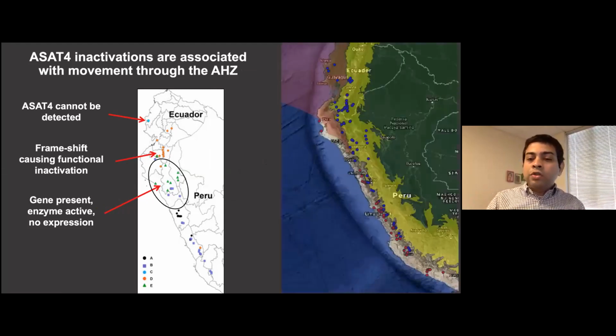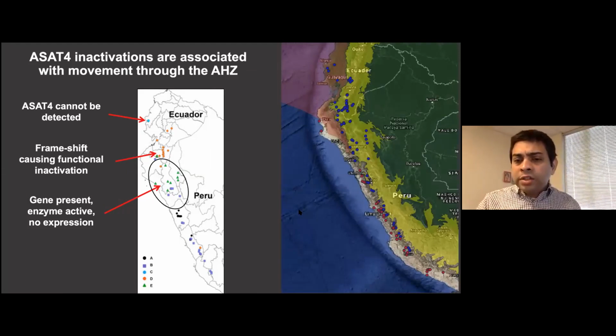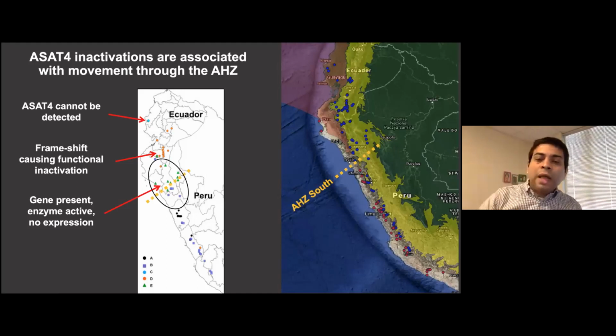When you look at how Solanum habrochaites has moved through its range, we see that most of the time it is on the western slopes of the Andes Mountains here. But then at this point, it moves into the Andes and it stays in the Andes. So this region actually corresponds to the southern boundary of the AHZ, the low-lying areas through which habrochaites likely found a path to enter the Andes Mountains.